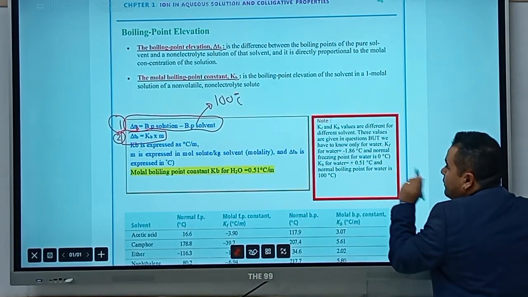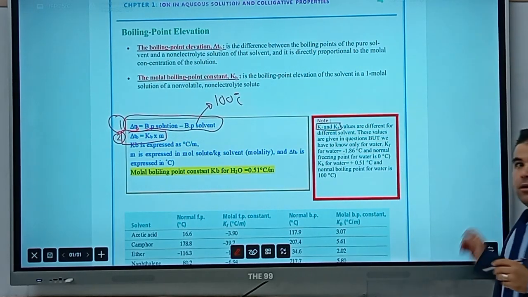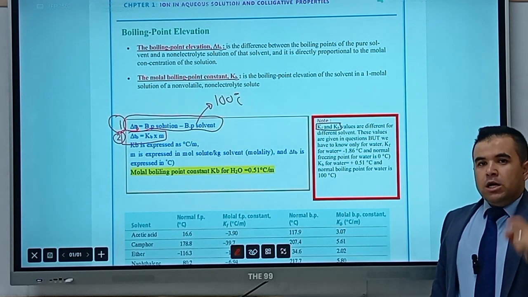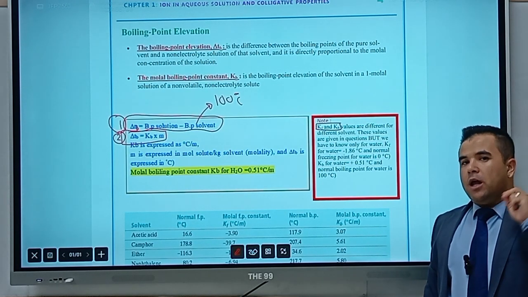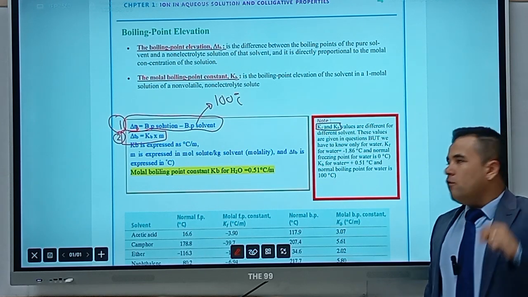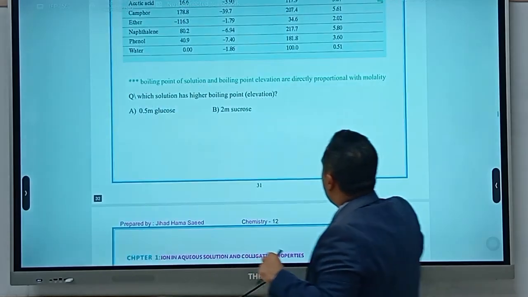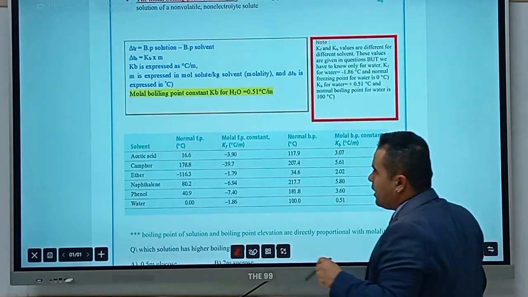Guys, we have to know that the Kb and Kf values change only with the solvent. So what changes the Kb and Kf? The solvents. What is the evidence that the solvent changes the Kb and Kf?